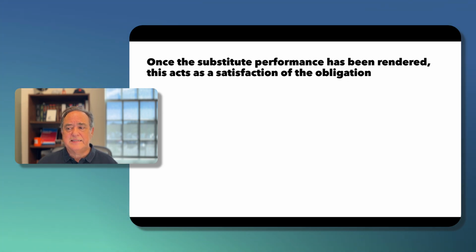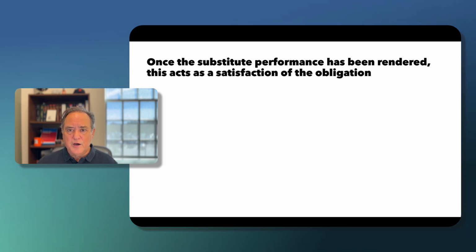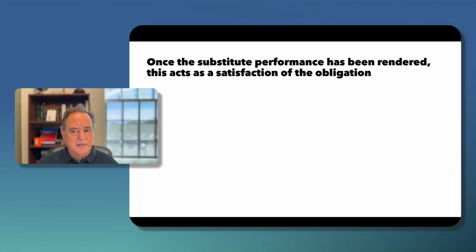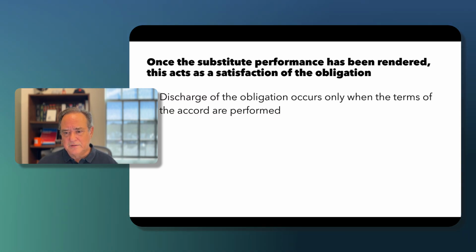Now, once the substitute performance has been rendered, meaning you've paid the $30,000 that you agreed to pay in your settlement, then this acts as a satisfaction of the obligation, meaning you do not owe the amount that you originally owed because you have discharged your obligation through payment of a substitute amount.